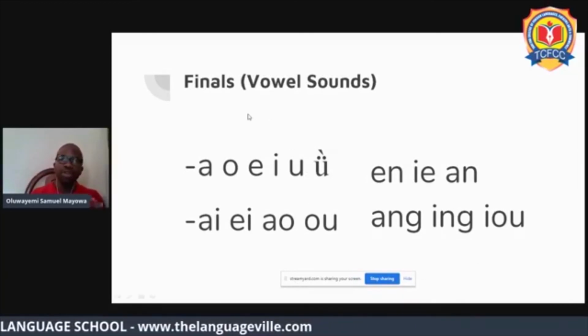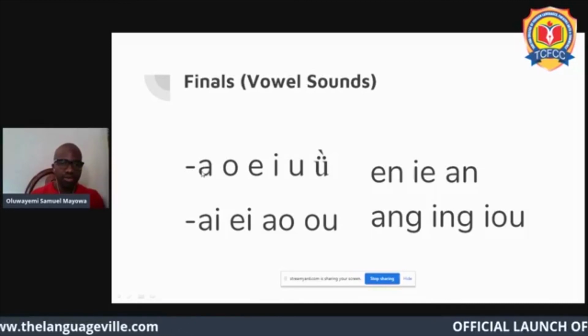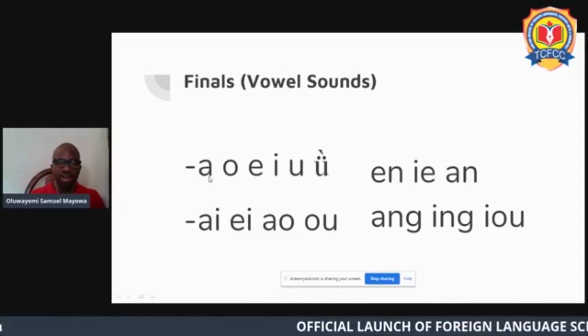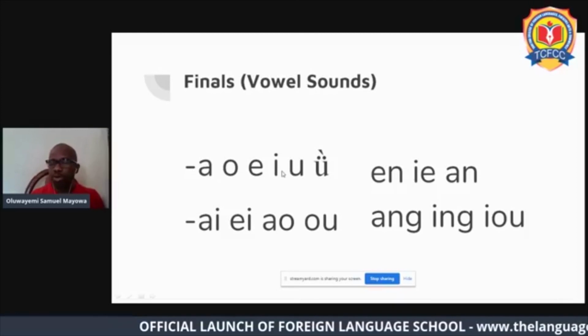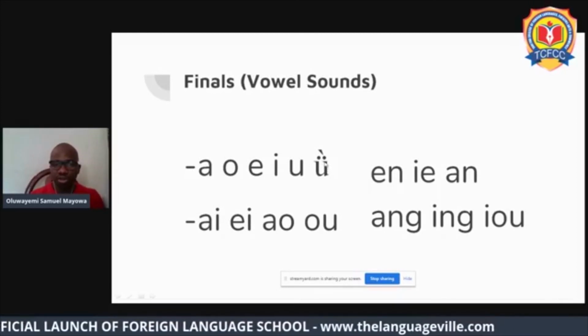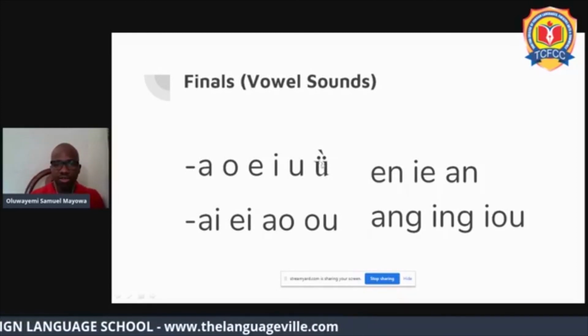Then, moving from the initials, we go on to the finals. The finals have the five vowels in English with an additional vowel which has two dots.